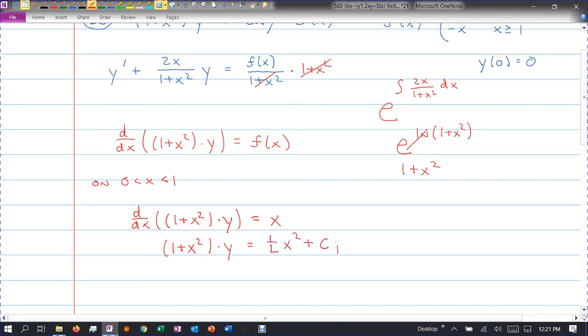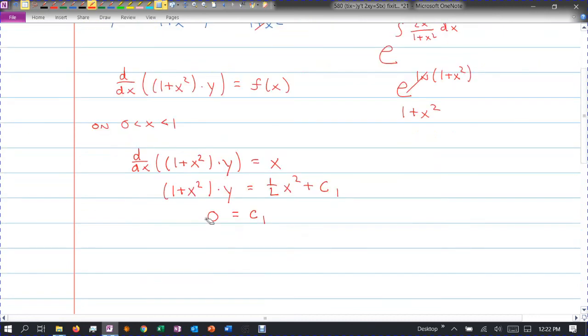Now I use the fact that when we plug in 0 for x, we get 0 for y. The left side becomes 0, and the right side becomes c₁, so c₁ is 0. That's nice. Let me go back and solve for y. So y must be x² over 2(1 + x²). I divided this by 1 + x², and I'm also dividing c₁ by that.